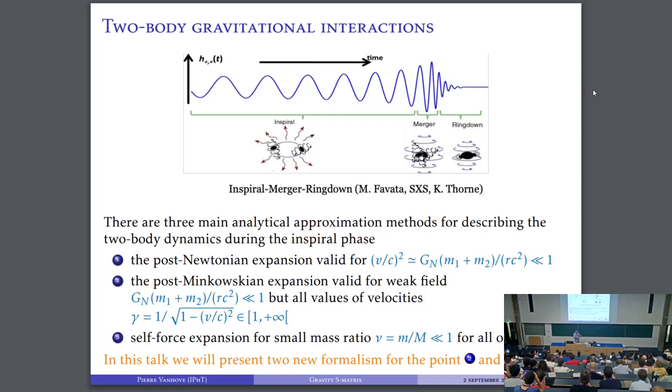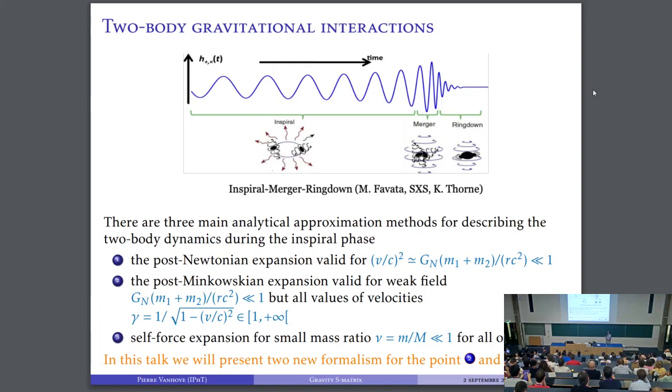When you look at the dynamics in the inspiral phase, the parameters are the relative velocity between your two massive objects. So you can do a small velocity expansion combined with a weak coupling expansion. This is the post-Newtonian expansion that was started a long time ago by Einstein.